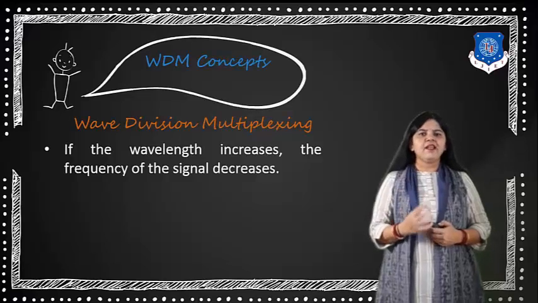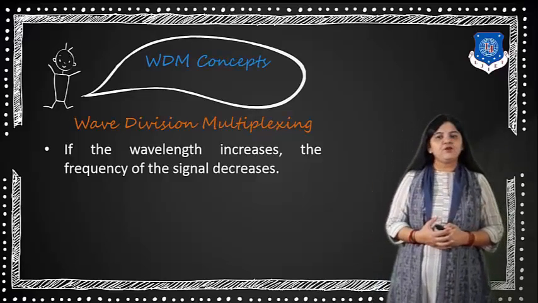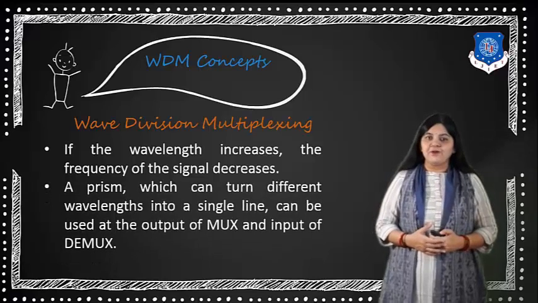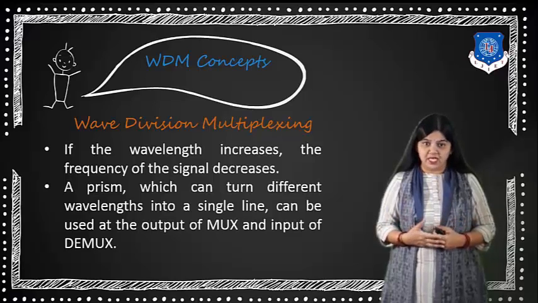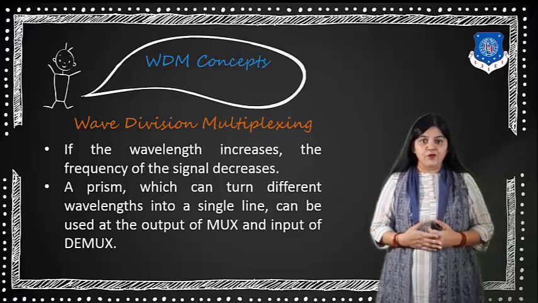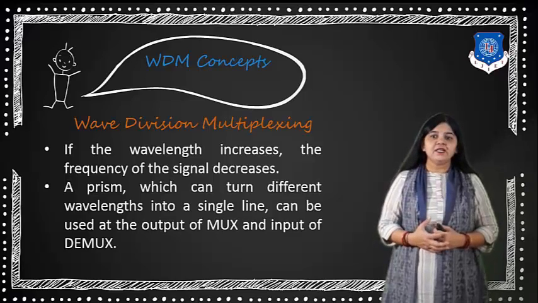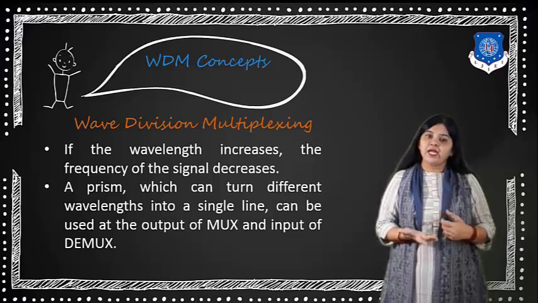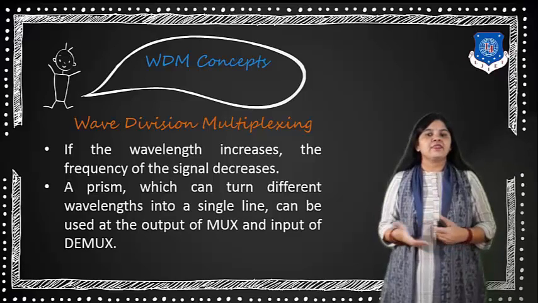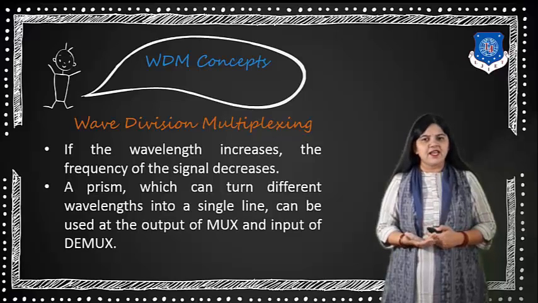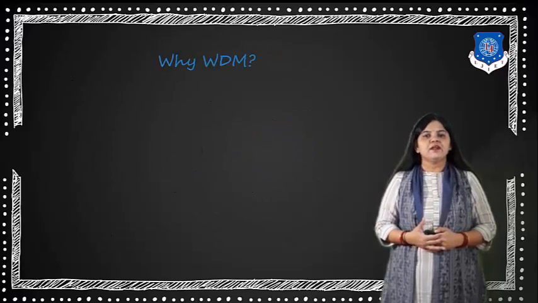If the wavelength increases, the frequency of the signal decreases. Now, how do we combine those wavelengths? We can use a prism, which can turn the different wavelengths into a single line, and that can be used at the output of the mux as well as the input of the demux.